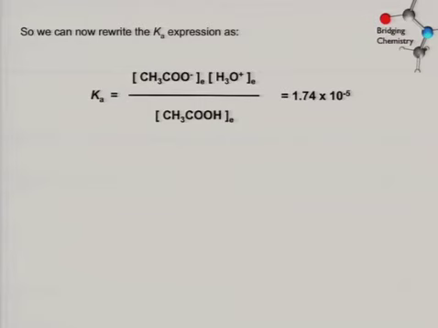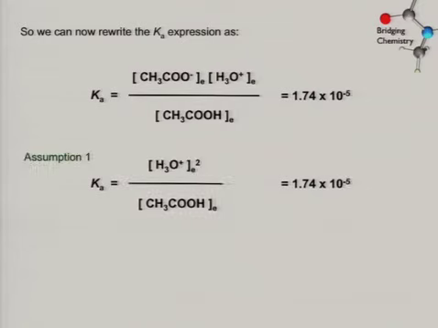And so now we're making some progress. Because here's our Ka expression that we start off with. Ka is the concentration of CH3COO minus at equilibrium times the concentration of H3O plus at equilibrium divided by the concentration of CH3COOH at equilibrium, and all of that equals 1.74 times 10 to the negative 5. What we can do is we can use assumption 1 and rewrite that Ka expression to look like this.